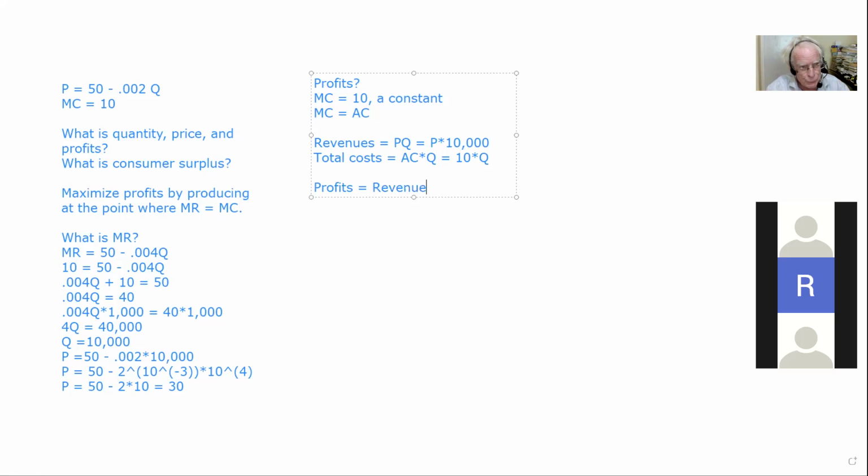So our profit, or revenues minus cost, is PQ minus 10 times Q. But the price is 30, so our profits are 30Q minus 10Q, or 20Q.